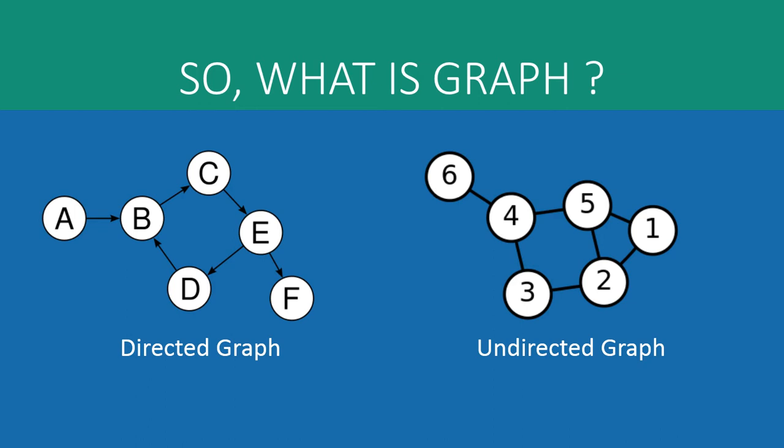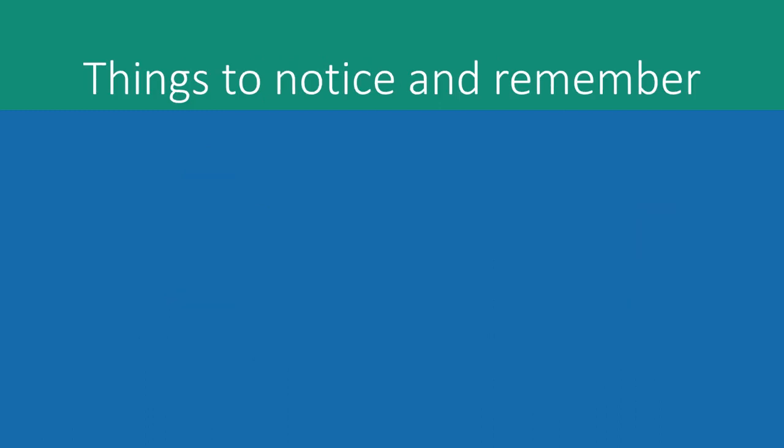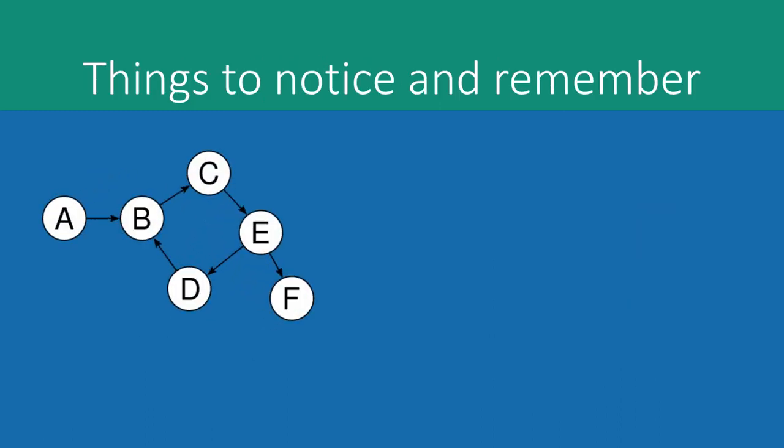The next thing you need to remember is that when you see a graph, you might notice something very strange about graphs. Unlike trees and other ADTs and data structures, a graph is totally random, which means there's no pattern of how these nodes are connected.